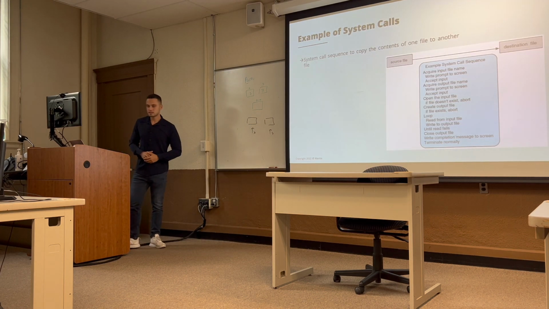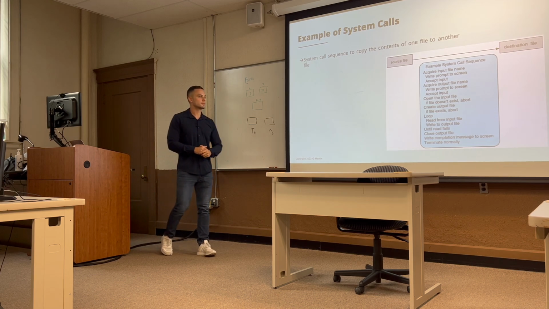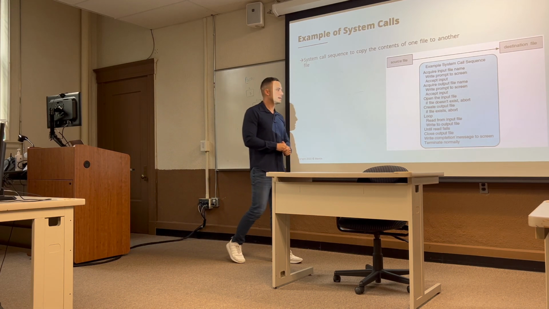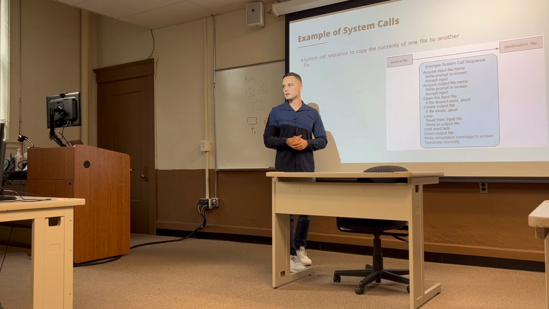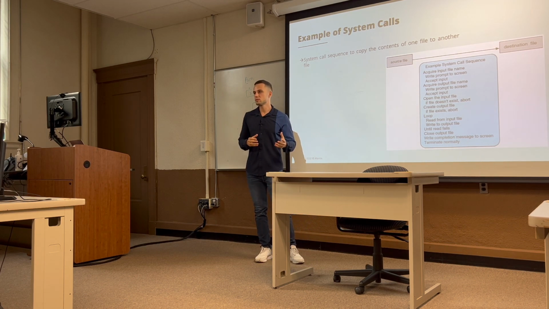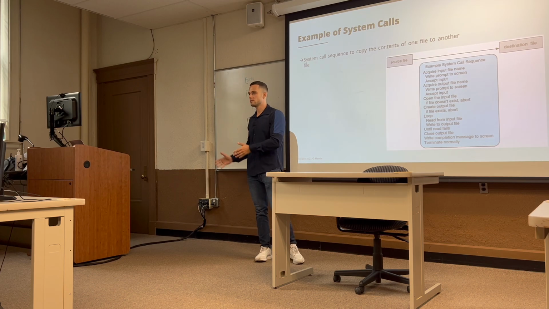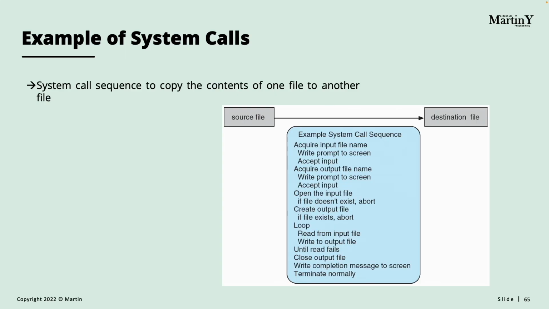So let's take an example, okay? Let's say that what we want to do is to create two files, and we want to copy the contents of one of the files into the other file. Pretty simple. So what system calls do we need to do? You can see that for this simple operation, we need to do a lot of system calls, and they're all listed here, right?